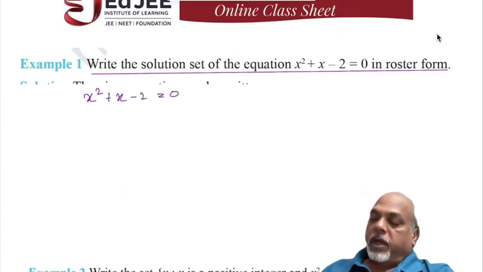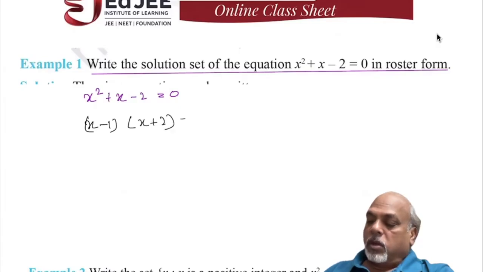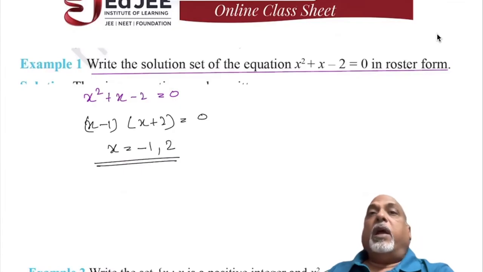We can factorize it: x minus 1, x plus 2 is 0, so x equals 1 or minus 2, and this is the solution. Now, what is the solution set?